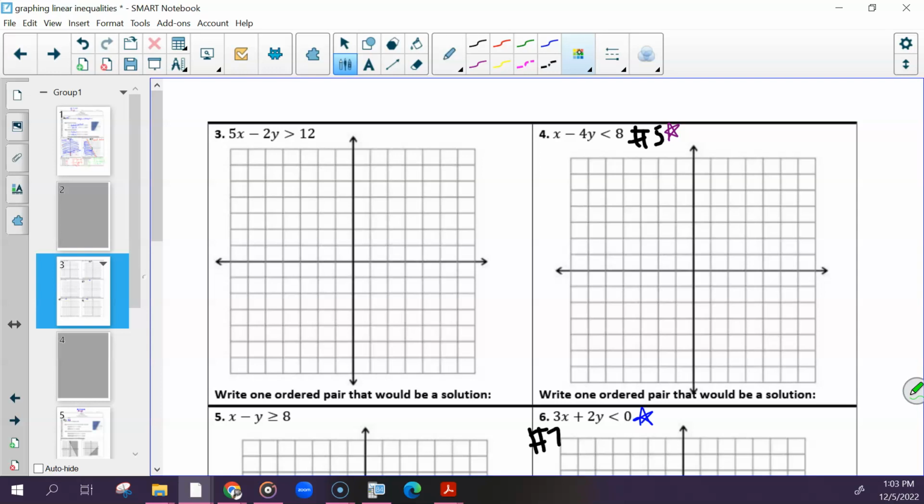If we don't have an inequality in slope-intercept form, we have to get it there first, just like you would with an equation. Get rid of your 5x by moving it to the other side. You have -2y is greater than -5x plus 12.